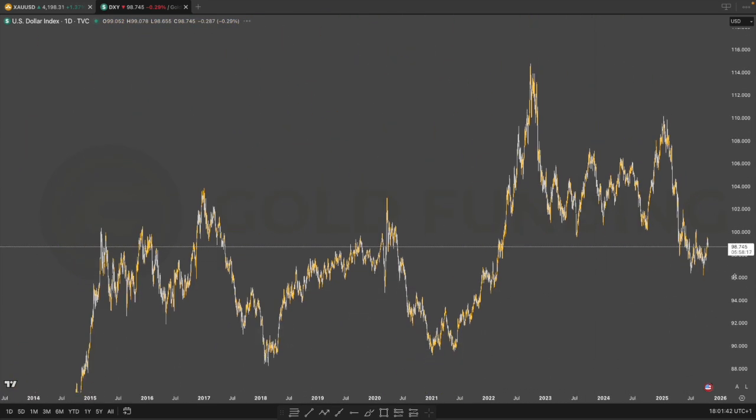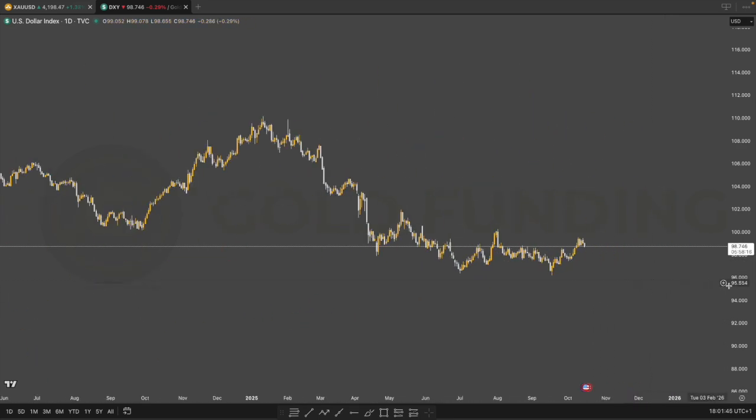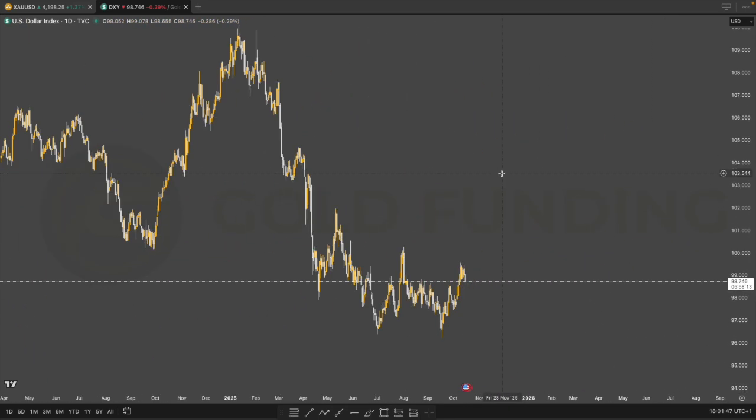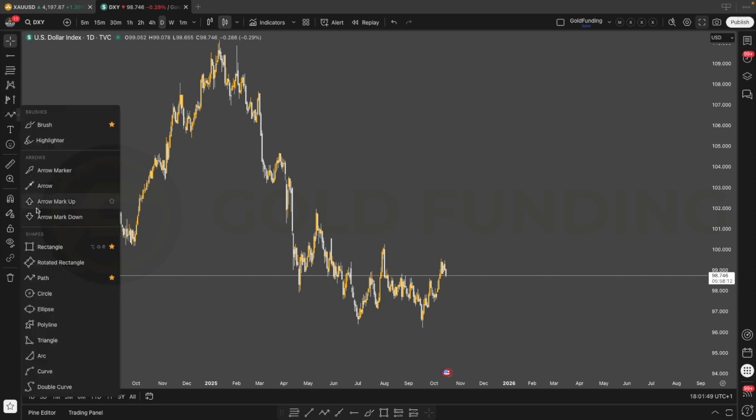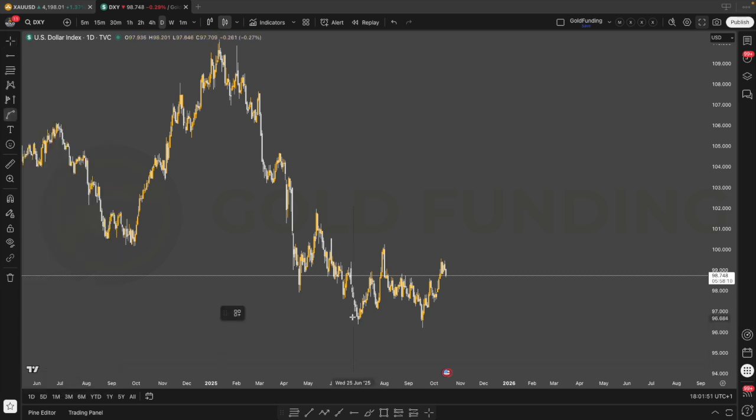As you can see, we have been in and around this low for quite a while, and the move we're looking at to take place at some point, which will cause a massive correction on gold, is going to be this level in and around this area here. Price has been in that enormous bearish push, the dollar has weakened, and then we started to fluctuate, creating this consolidation.